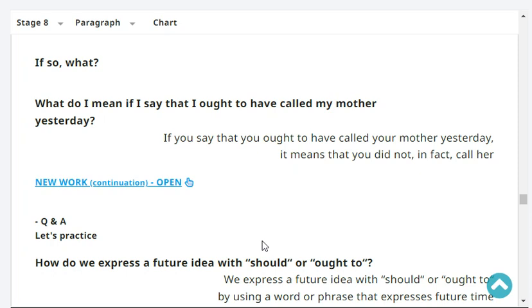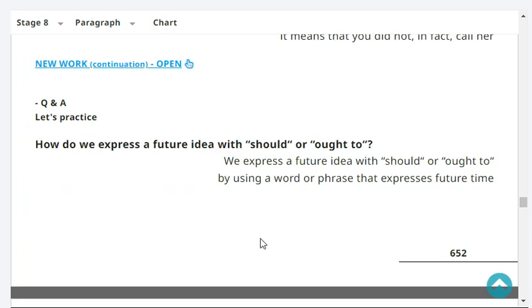How do we express a future idea with should or ought to? We express a future idea with should or ought to by using a word or phrase that expresses future time.